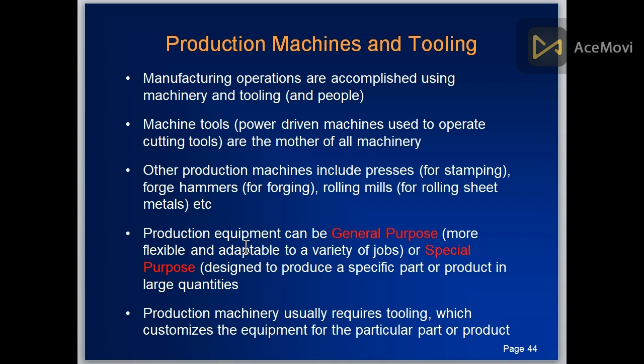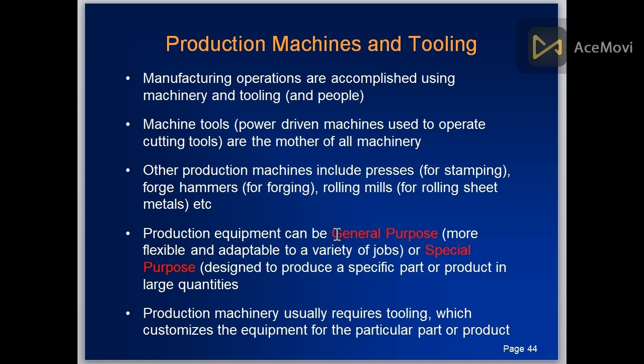Production machines and tooling. Manufacturing processes are accomplished using machinery and tooling. Machine tools are power-driven machines that are the mother of all machinery. Other production machines include presses, which are used for stamping, forge hammers for forging, and rolling mills for rolling sheets.